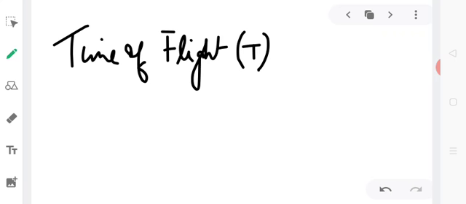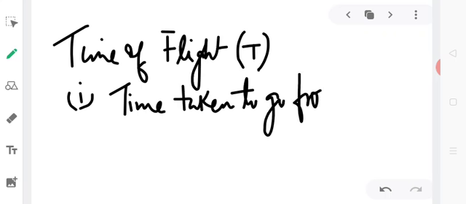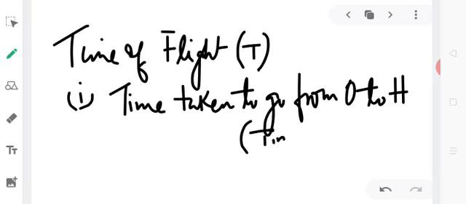The total time of flight consists of two parts, isn't it? First part, time taken to go from O to H. It is called time of ascent.